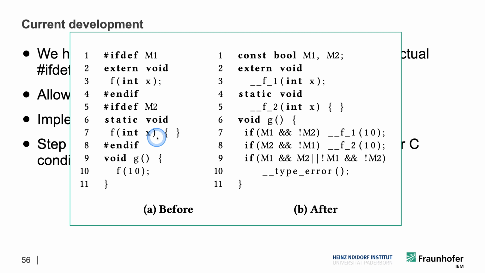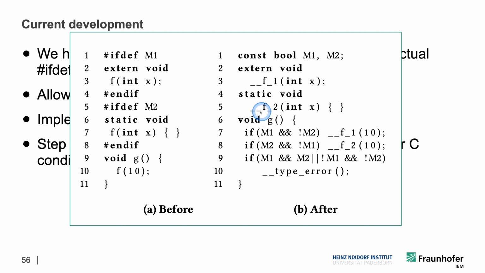There would be conflicting definitions, and that's why we are renaming them here. So we are saying you can have a definition F1, or you can also have a definition F2. And we're doing some internal name mangling to keep track of the fact that originally both of these were named F, and they were located at these lines of the code. So there's some mapping that we keep track of internally to have some traceability.